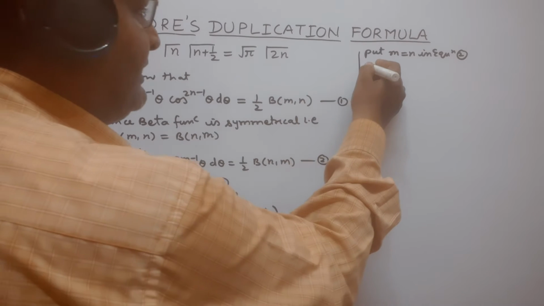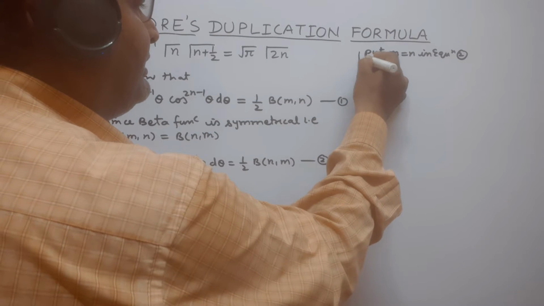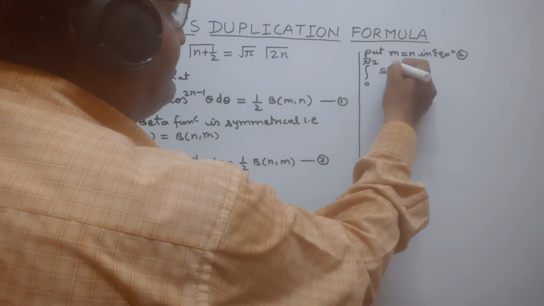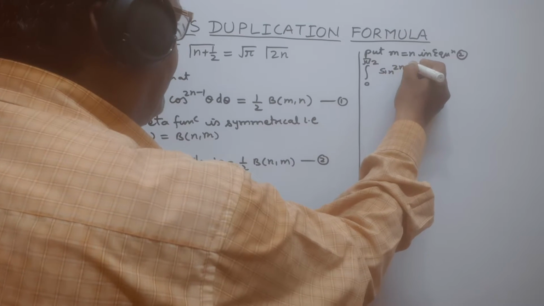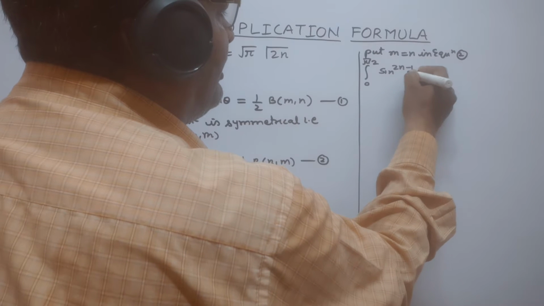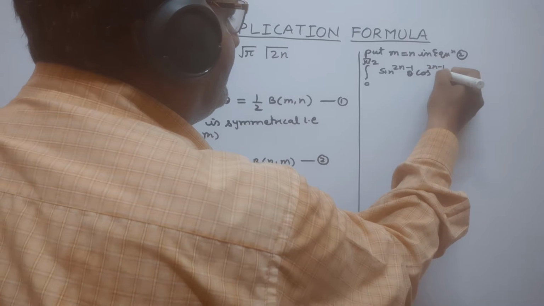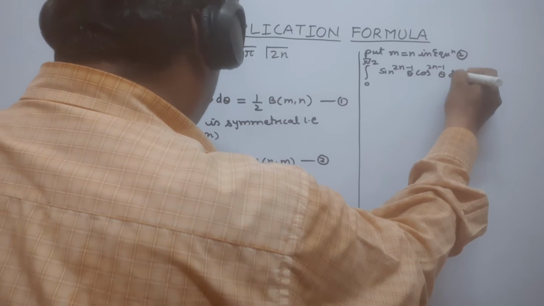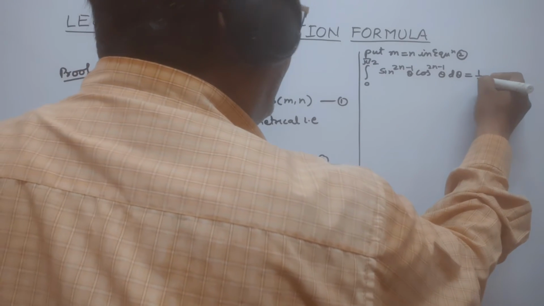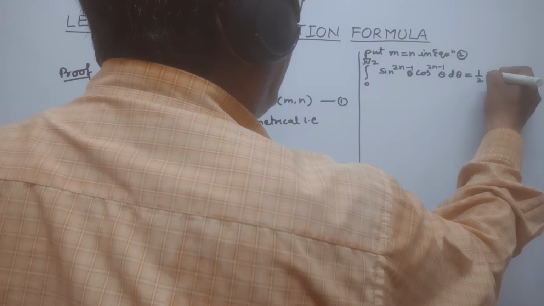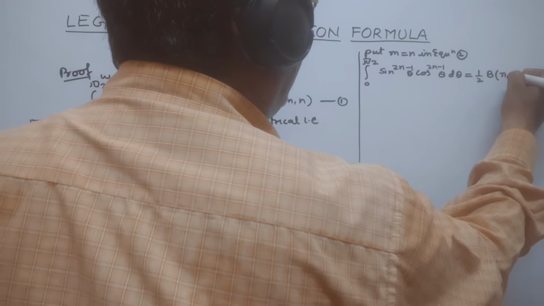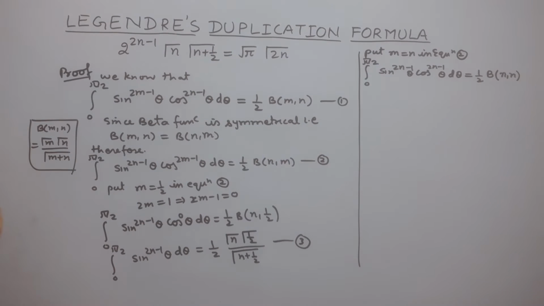So left hand side can be written as integral between the limit 0 to π/2 of sin to the power 2n minus 1 and cos to the power 2n minus 1 theta d theta is equal to, here the right hand side is 1/2 beta n m and m, n both are equal, so this can be written as beta n n.